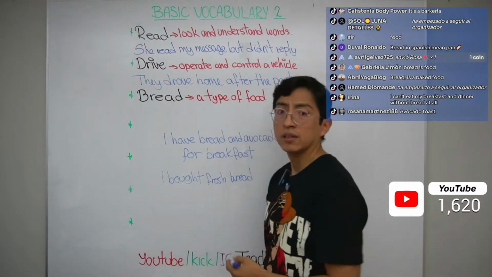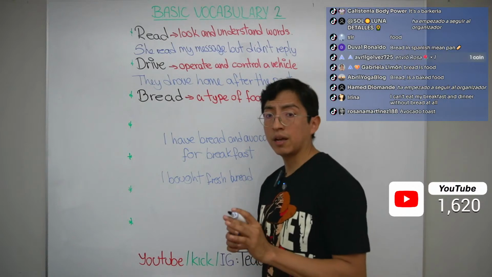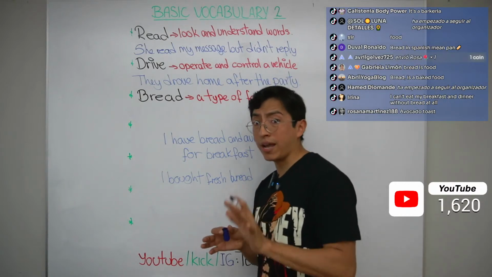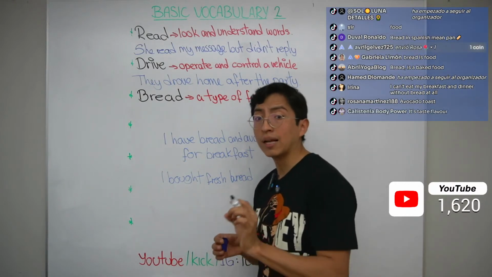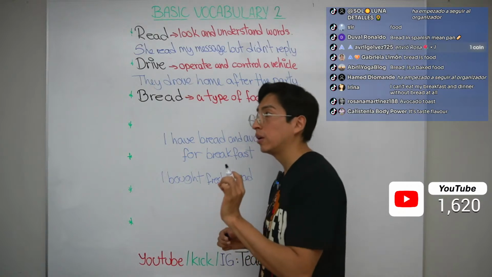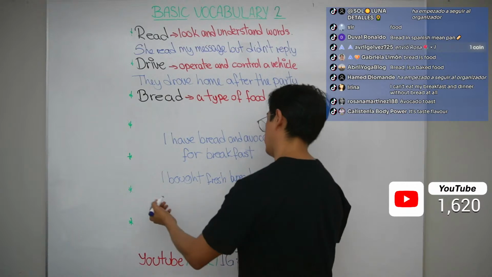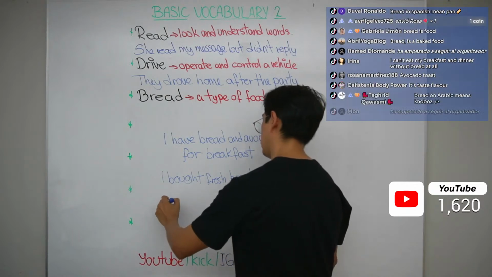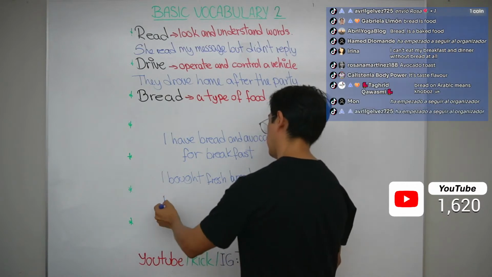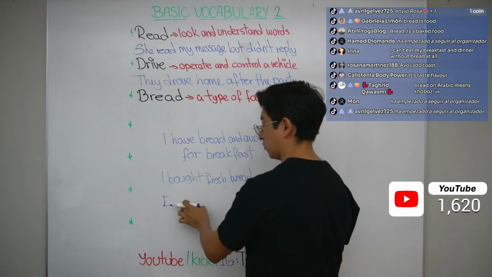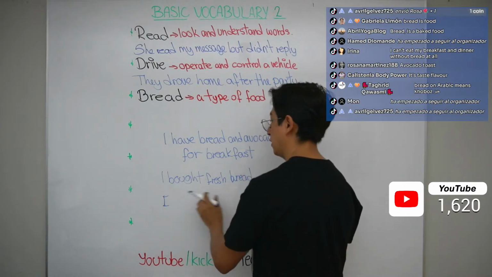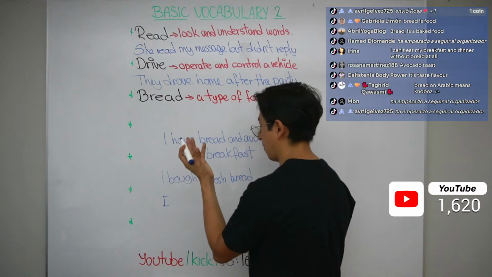Fresh bread. Now, remember that bread is an uncountable word. So what does it mean? What it means is that we need to use some extra words to describe the number of bread.